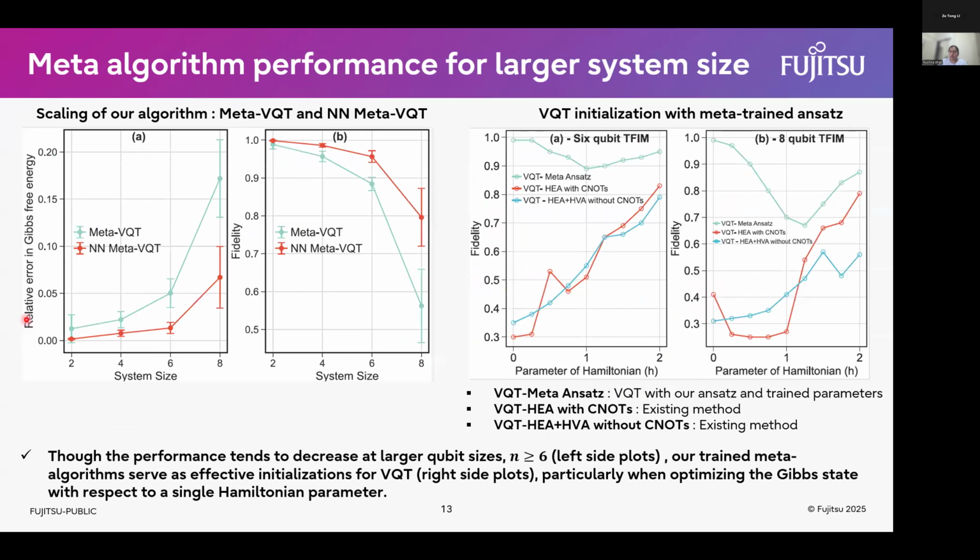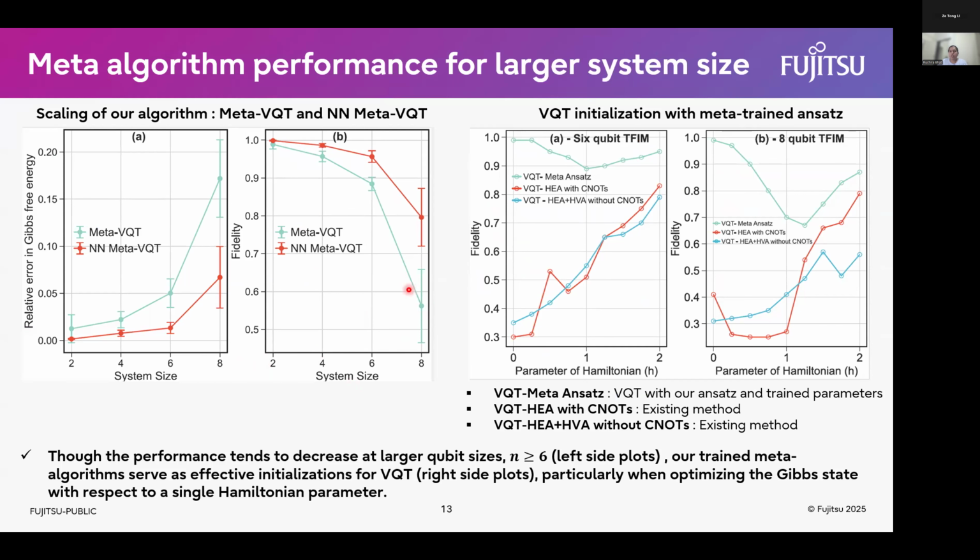This might be because the choice of the number of hardware efficient and Hamiltonian variational ansatz layers might not be the required one, or we might not be able to understand which configuration gives us the best results.